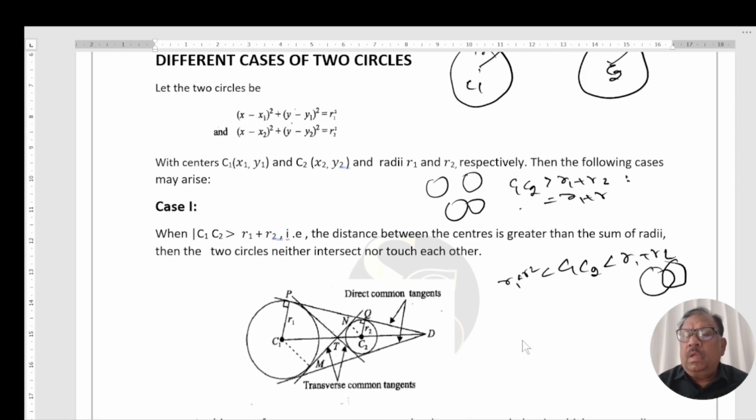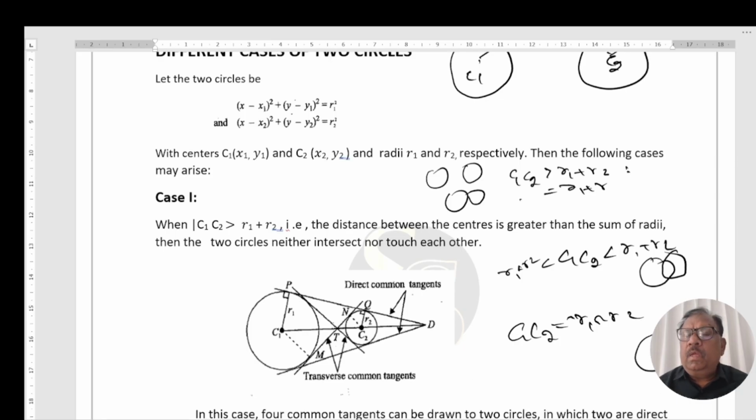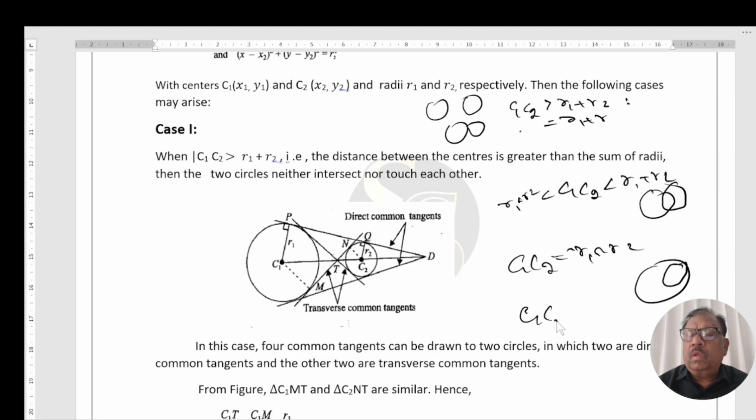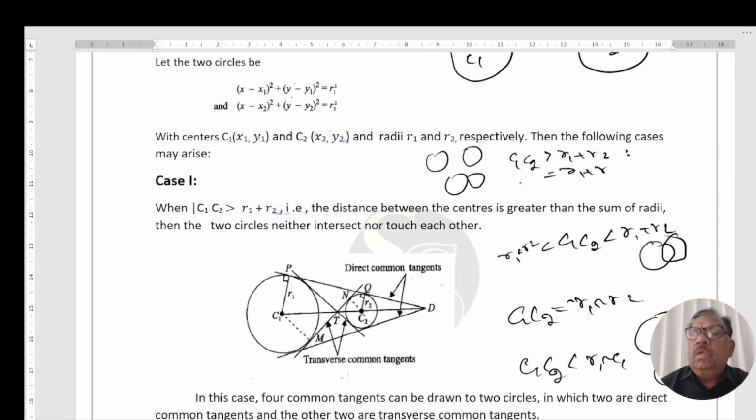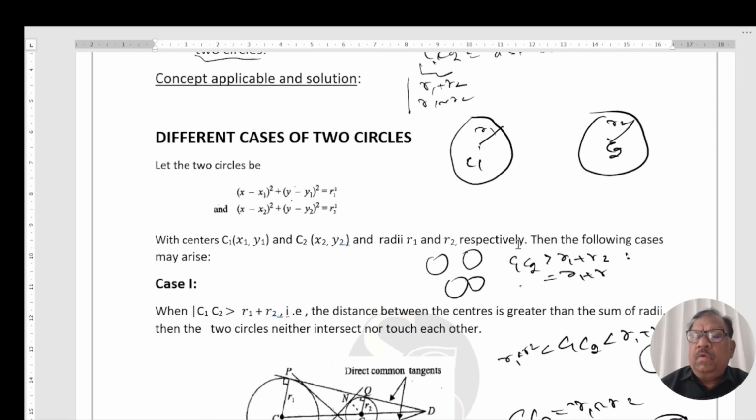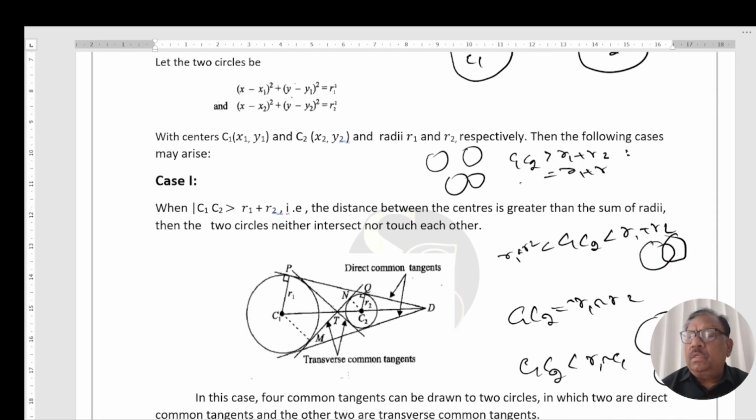Then C1 C2 equal to R1 difference R2, then touching internally. If C1 C2 less than R1 difference R2, one lies inside the other. In this case, 4 tangents, 3 tangents, 2 direct and 2 transverse in this manner. In this case, 2 tangents, in this case, 1 tangent, in this case, 0 tangent.